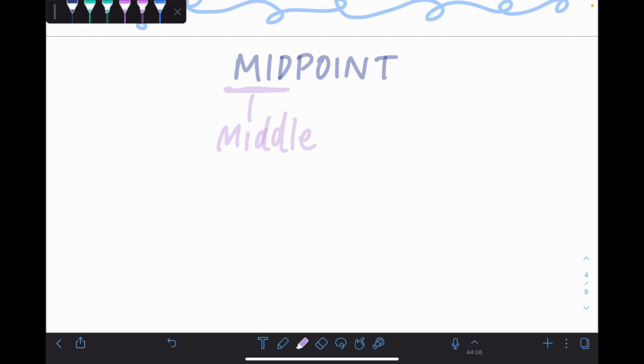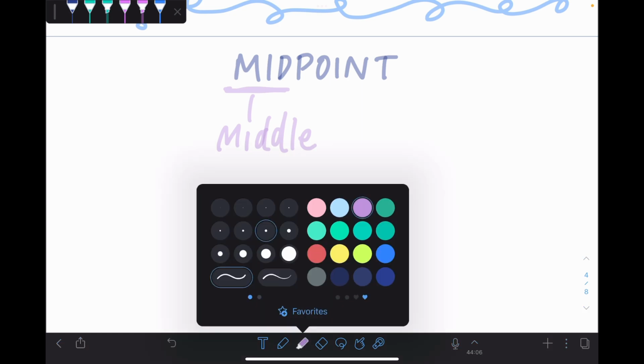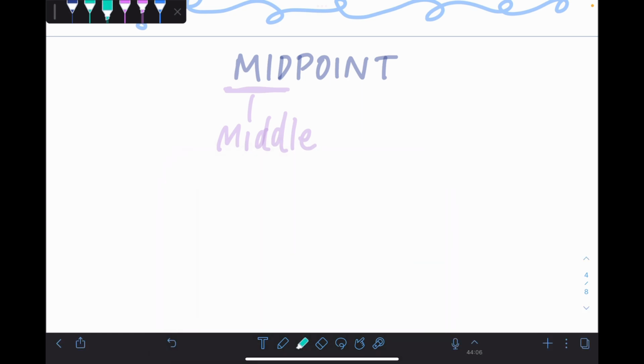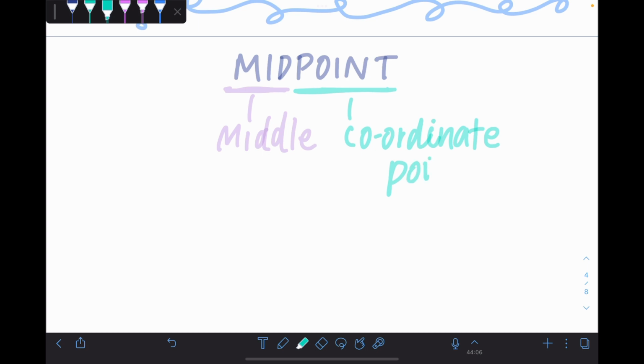What about point? Well, when I hear point, in this case, I think of our coordinate points. But I know it's only one.